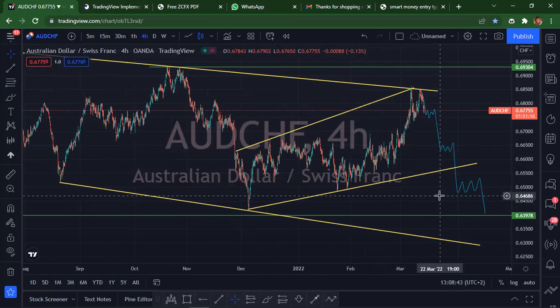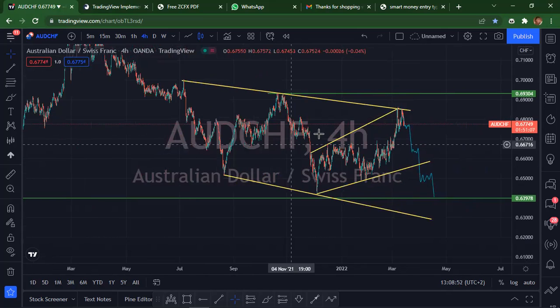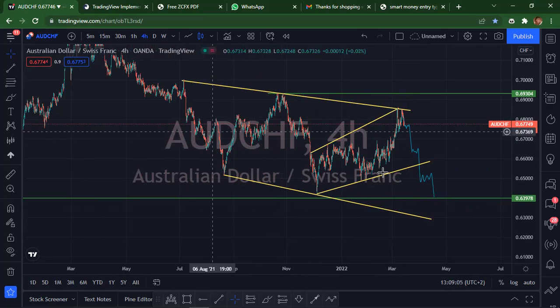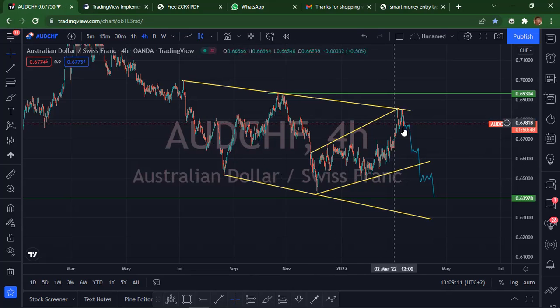So with finding the entry, of what I have done so far, I'm sure you can see how simple it is. The chart is very clean. I always like to keep the chart clean, so that it becomes my reason behind every trade that I take.